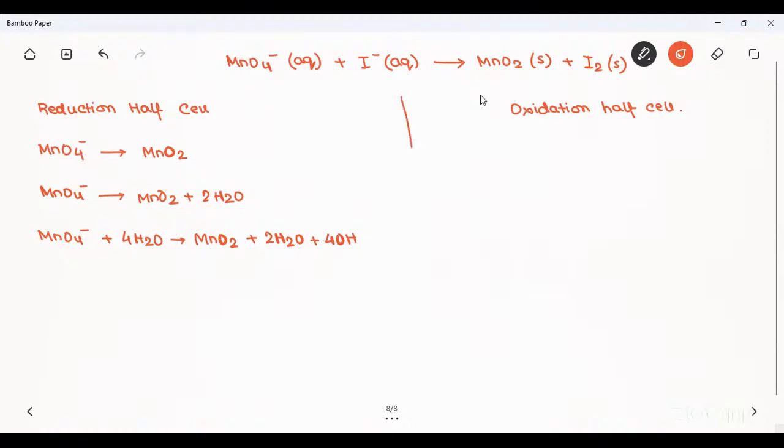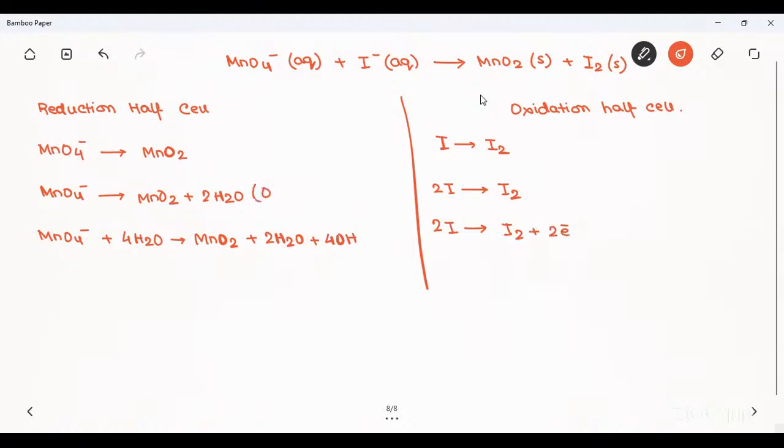Now let's do the oxidation half cell. So that is I2, iodine, and 2I minus. Production of I2. That is simple. Here the iodine is balanced. So 2I minus gives I2 plus 2 electrons. This is charge balanced.